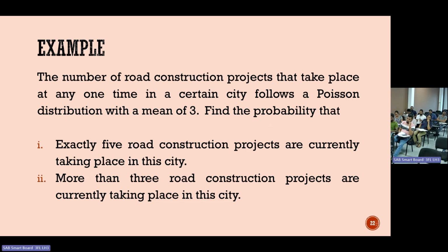They have given the number of road construction projects that take place at any one time in a certain city follows a Poisson distribution with mean 3. Find the probability that exactly 5 road construction projects are currently taking place. Right, so in order to answer that question, how we should define the X?